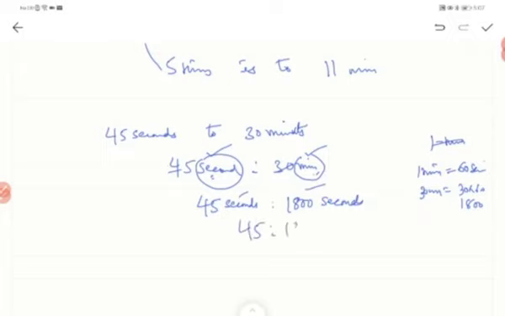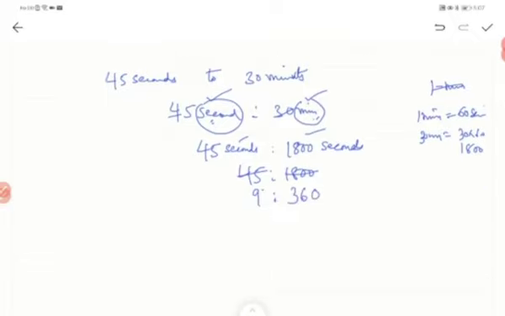45 is to 1800. 5 9s are 45, 5 3s are 15, 16, 17, 18, 5 6s are 30, 0. Now I know that it will go by 9. Let me do by 3 first. 3 3s are 9, 3 1s are 3, 3 2s are 6, 3 1s are 3, 3 4s are 12.